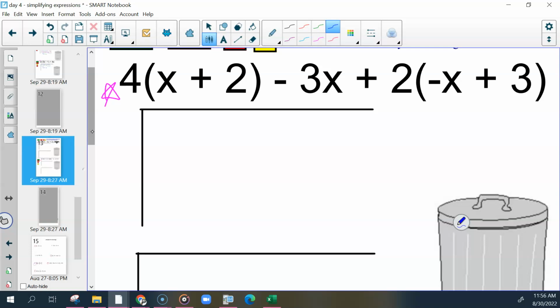There are 2 sets of parentheses. We can distribute those both at the same time. So what would this first set become after we distribute? 4x plus 8. We would bring down this negative 3x, what would the last part become?